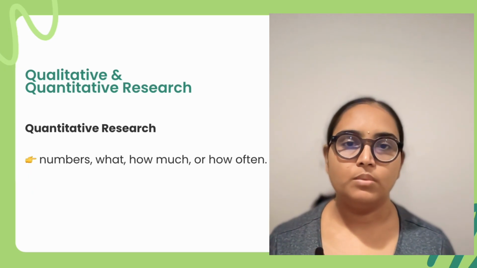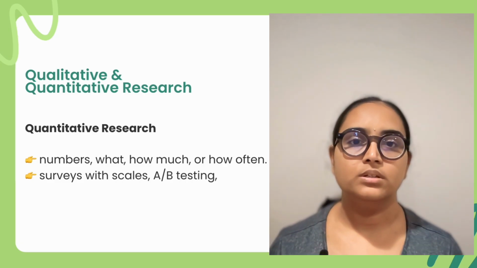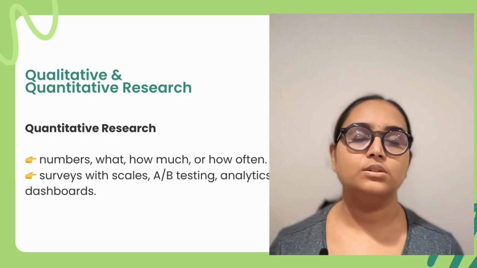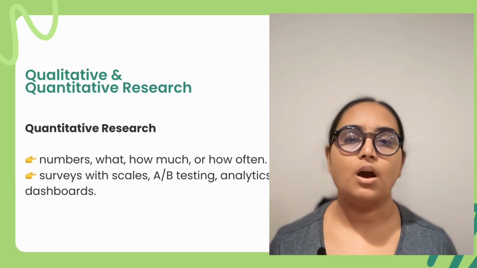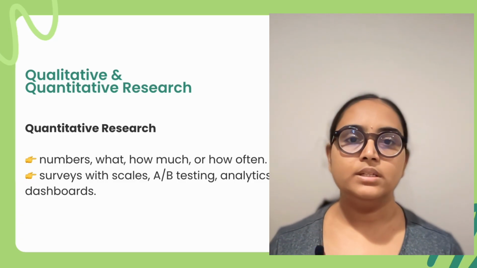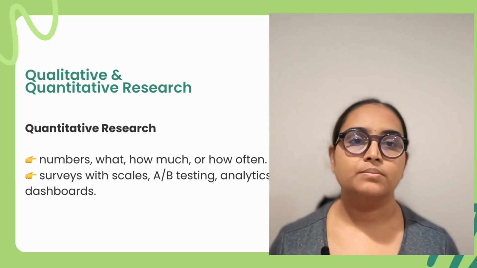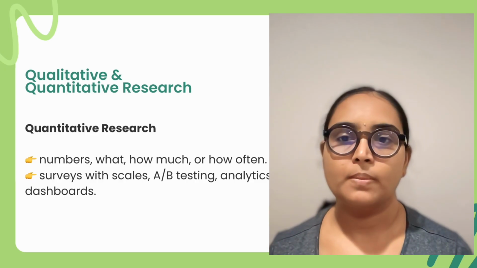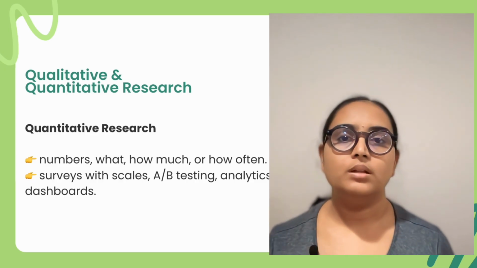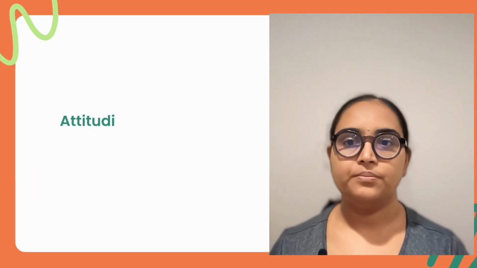Now, let's talk about quantitative research. This type of research focuses on numbers: what, how much, or how often. You will see this in surveys with scales, A/B testing, or analytics dashboards. Both together help you understand the full picture.